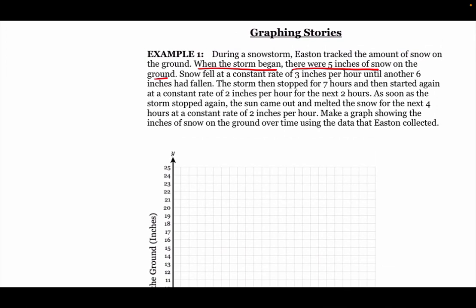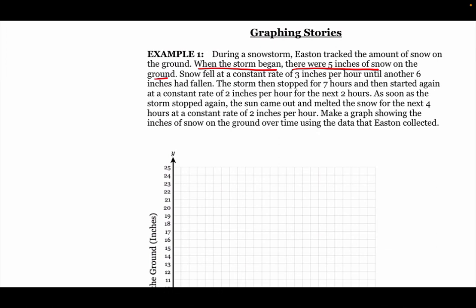Keep reading the story. Okay, after that, snow fell at a constant rate of 3 inches per hour until another 6 inches had fallen. Stop right there. Let's break that down. Let's start with constant rate of 3 inches per hour.